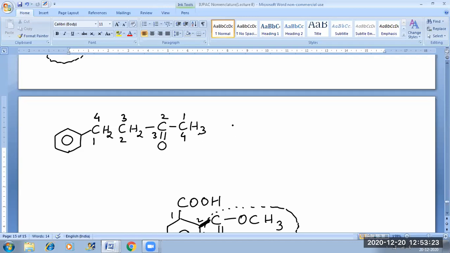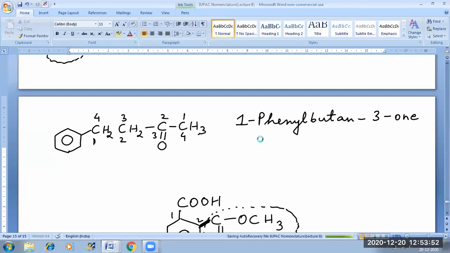Which one is correct? The second one. Why? Sir, because if I write the second one, then the name will be 1-phenyl butan-3-one. This will be the name if I follow this way of numbering.